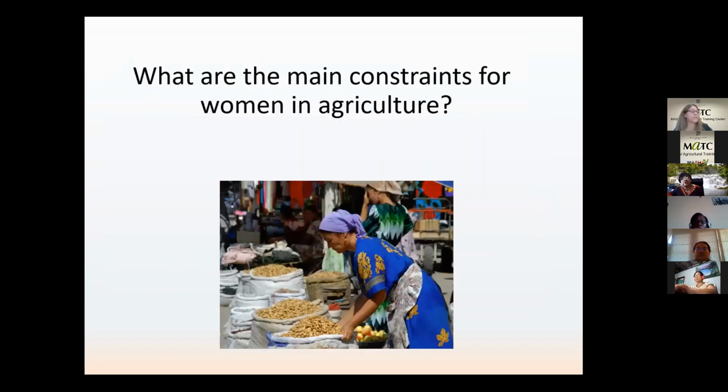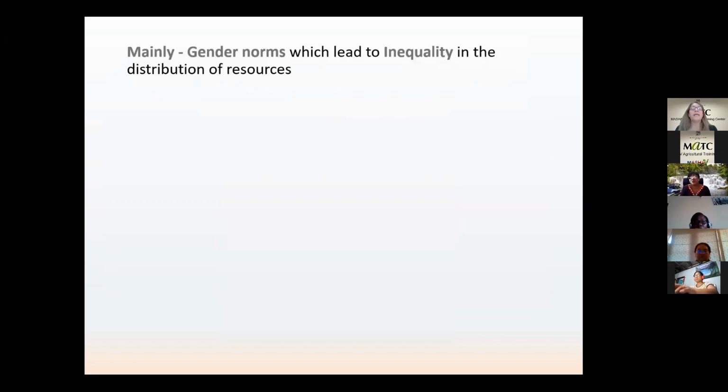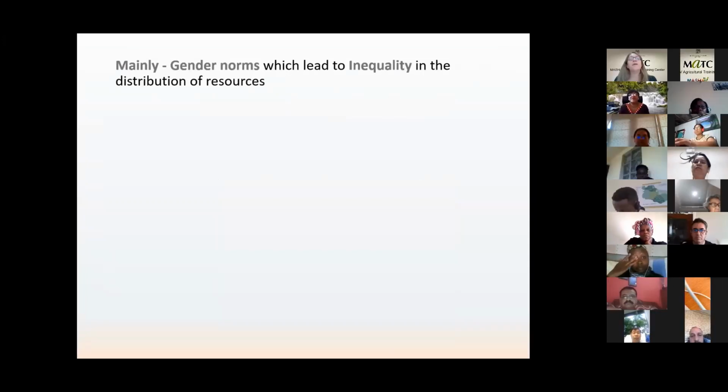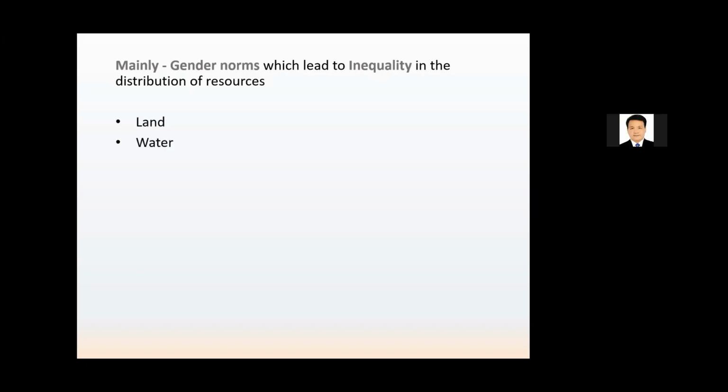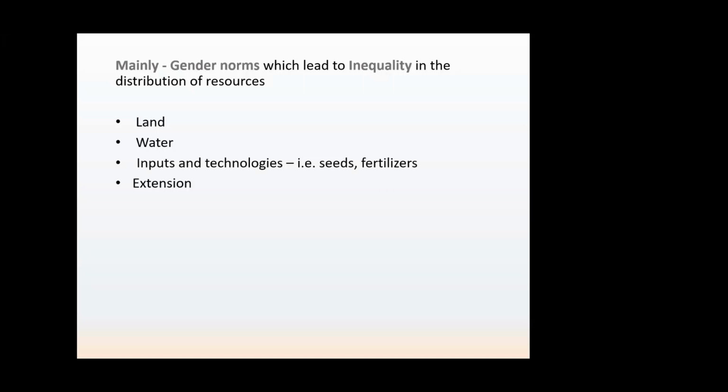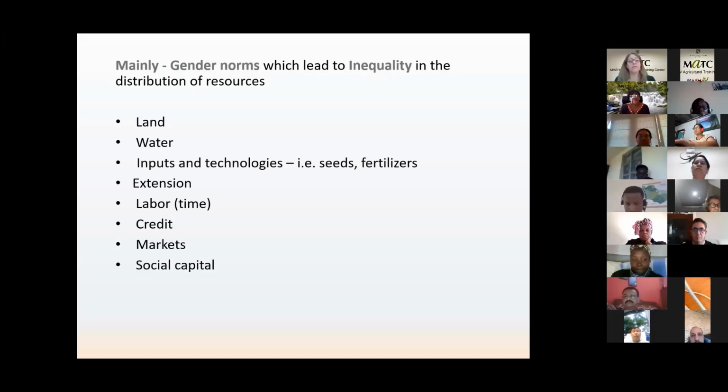So now, let's talk a little bit about the main constraints for women in agriculture. What are they? Well, they are many, and mainly they are the gender norms that lead to inequality in the distribution of resources, like land, water, inputs and technologies, extension and advisory services, labor, including time, credit, markets, and social capital.